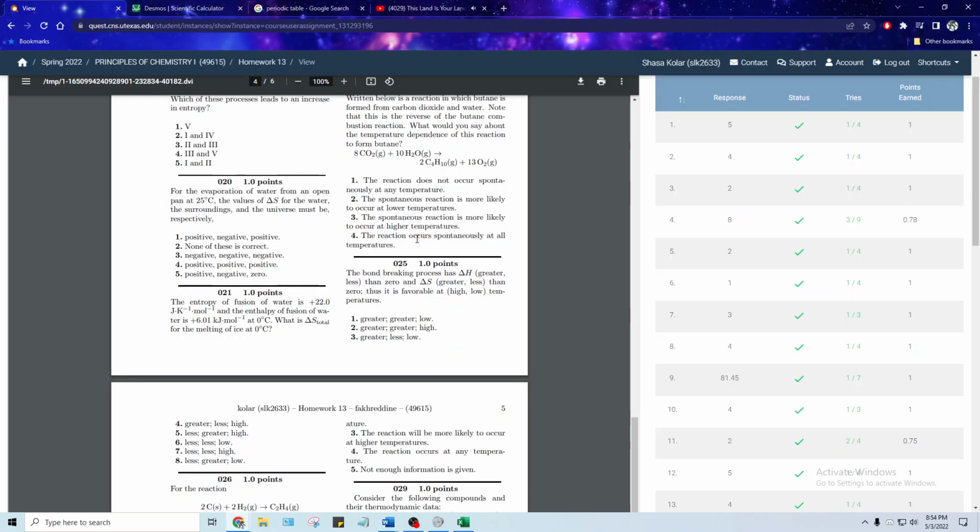So delta H will be greater than 0. If this is greater, then this also has to be greater, because otherwise it would be never or always, and that's not an option. So these will both be greater, and delta H positive and delta S positive is high temperature, so it's going to be 2. Just based off how the question works, we know that it's number 2.